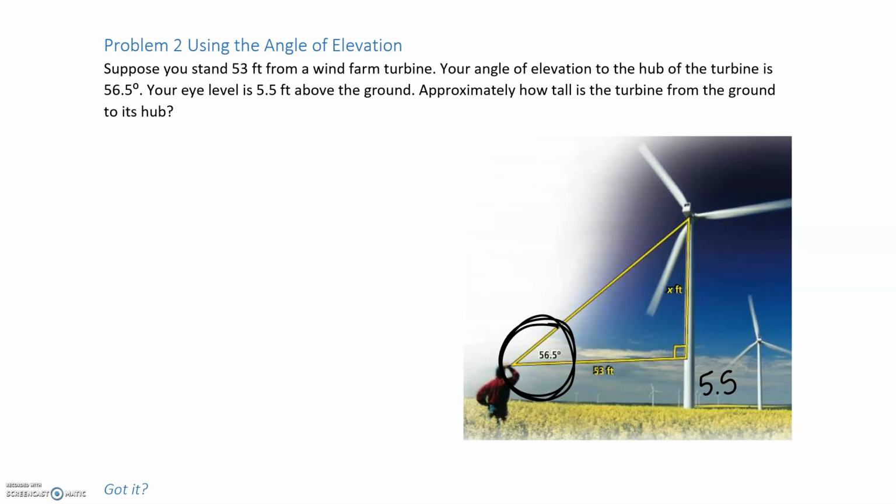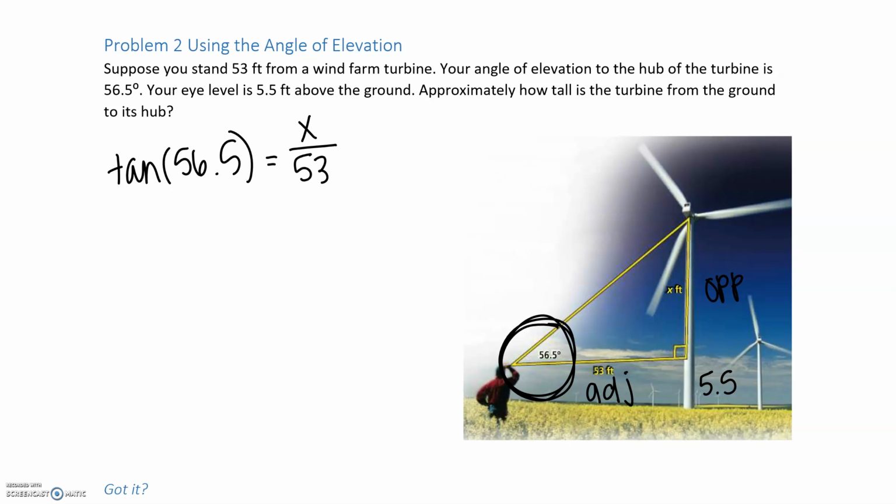So if we have our angle, we have an opposite side, and we have an adjacent side. We are going to use tangent because we're looking at SOHCAHTOA. TOA has our opposite and adjacent. So we are going to use tangent of our angle, which is 56.5, equals opposite, which is our X, over our adjacent, which is that 53.